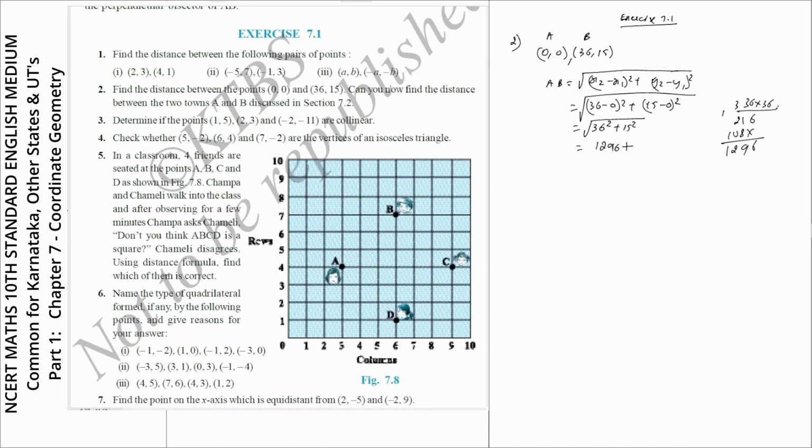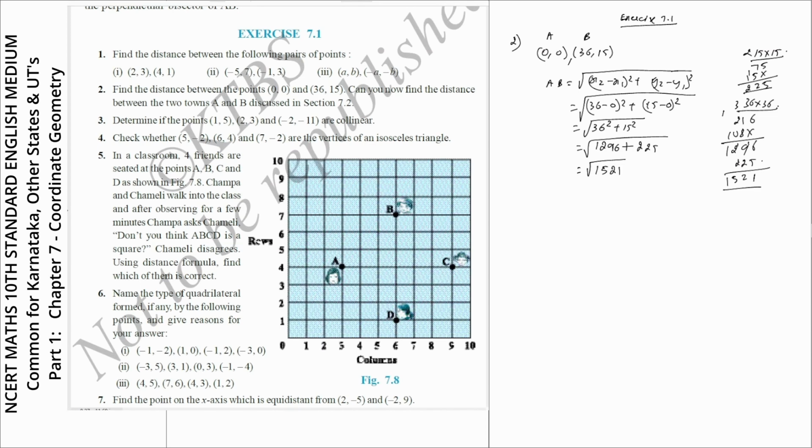Plus 15 square, 15 into 15 is 225. So 1296 plus 225, how much will I get? This is 1521. So this is equal to the square root of 1521.